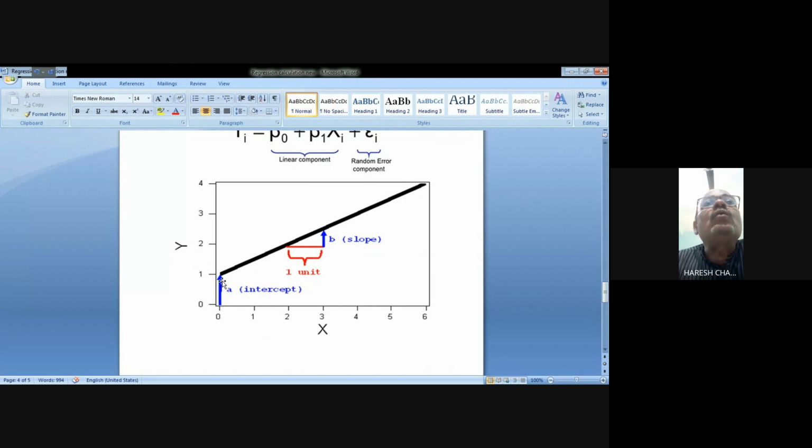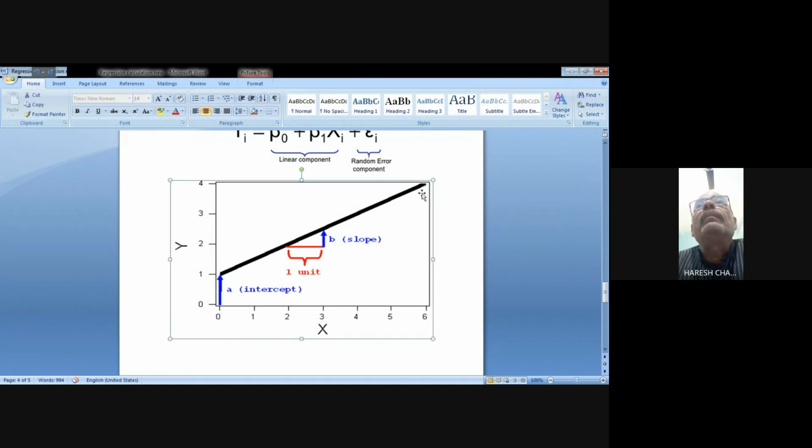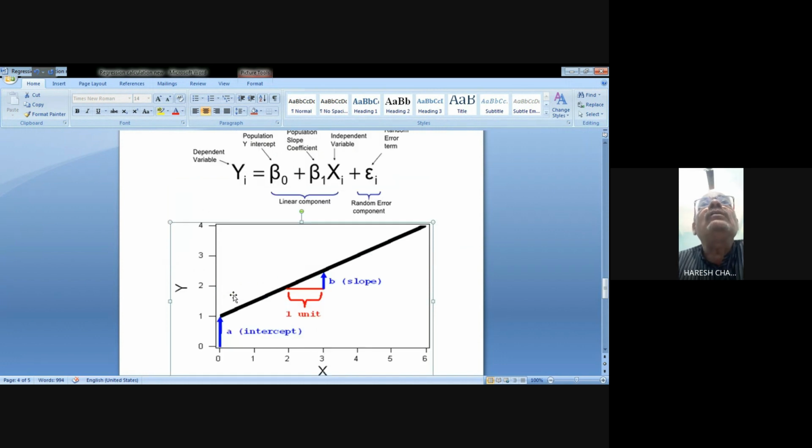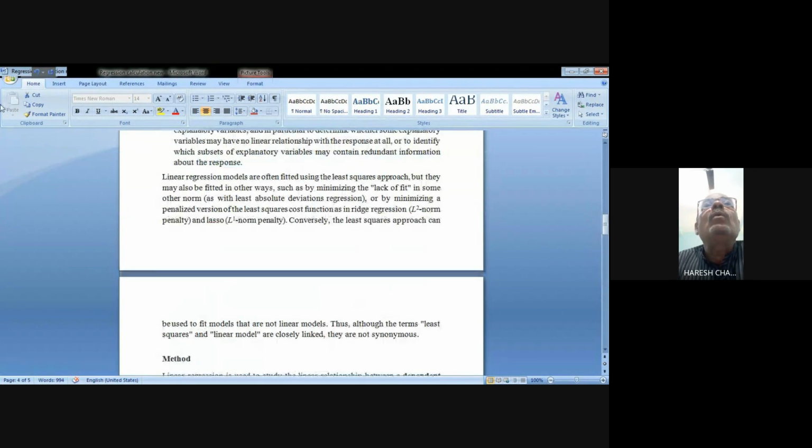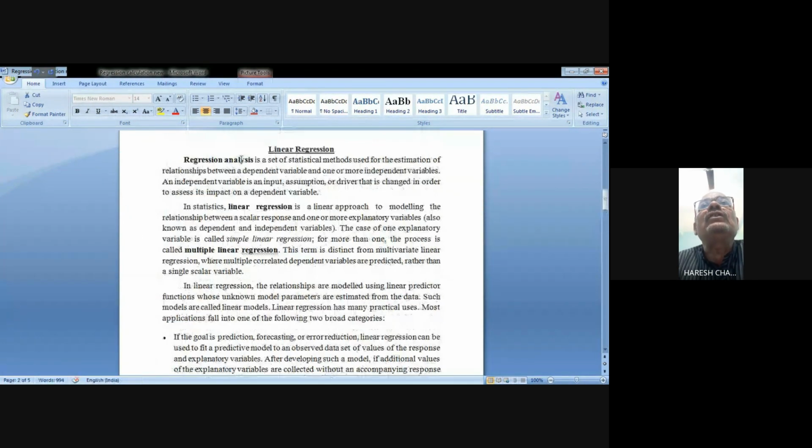And this has two dimensions. One is called the intercept and the other one is called slope. B is the slope and A is the intercept. Here, B0 is the intercept, B1 is the slope. Understood from the picture?